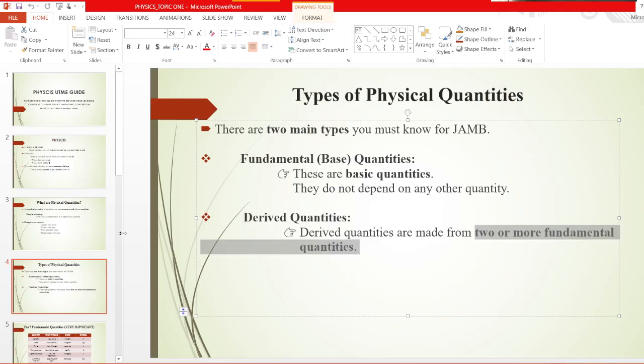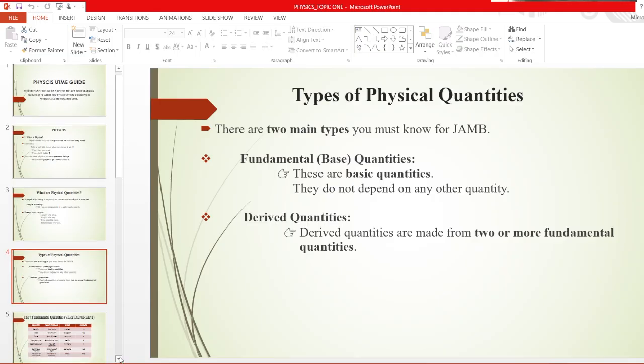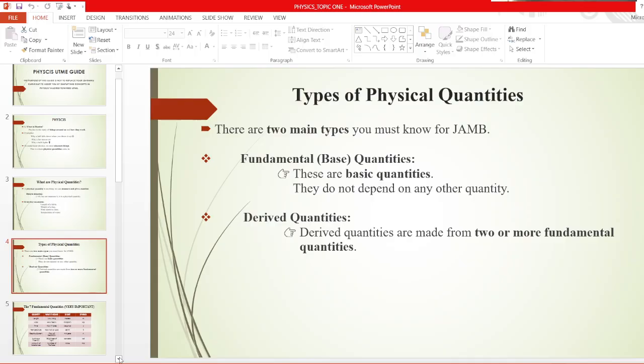We are going to be looking at the examples in a few seconds. We have been able to identify that we have fundamental quantities and derived quantities. Fundamental quantities do not depend on any other quantity, while derived quantities consist of two or more fundamental quantities.